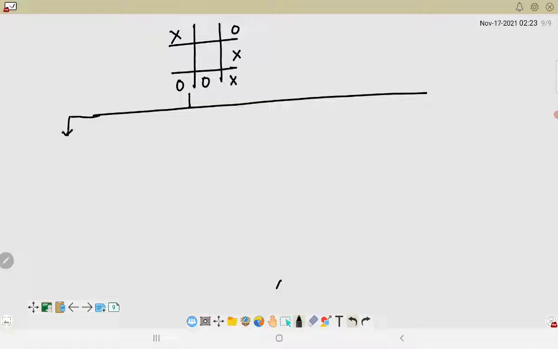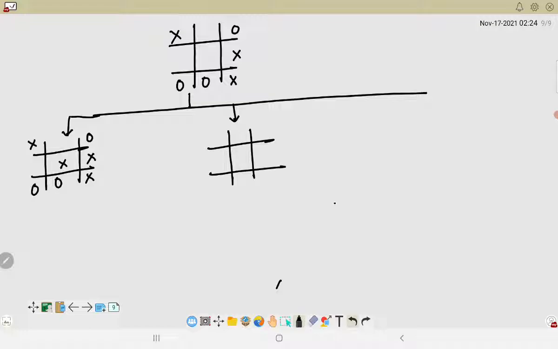The first option is this position, which will have simply this. Then suppose I place x here, the next position is basically in the second one. Under this scenario it will not be winning.